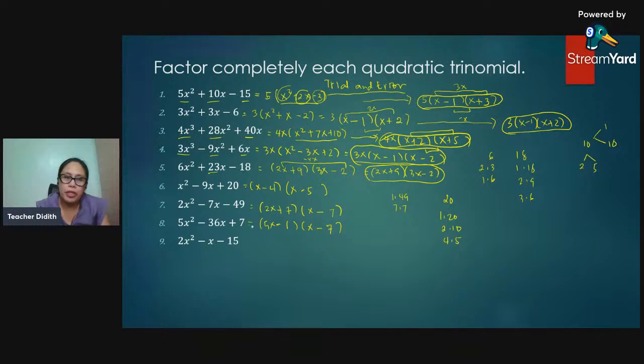Okay, how about for this one? We have 2x here, and then we have x here. So 15. Now, this is negative x. So we have to consider 3 and 5, because if we consider 1 and 15, we will not be able to achieve this negative x middle term. It will not match with the middle term. Then, if we consider 3 and 5, which are we going to place where?